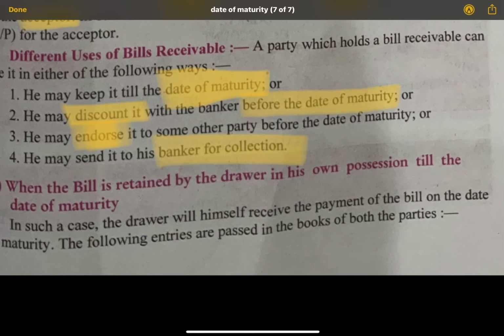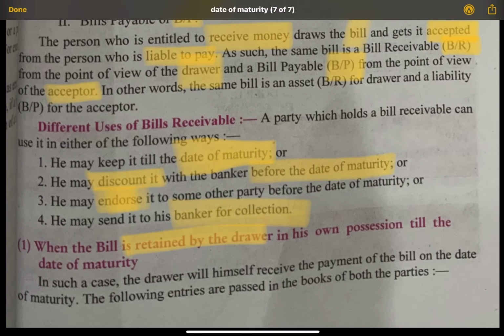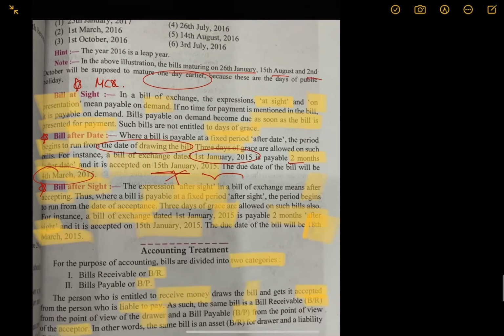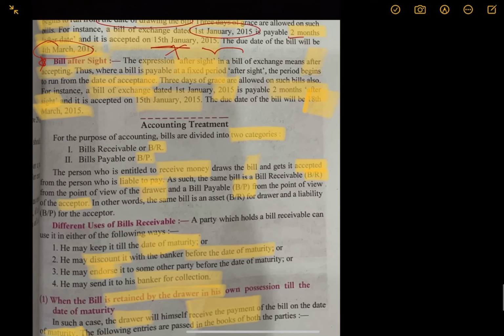So let's start with number one, when the bill is retained by the drawer in his own possession till the date of maturity. So in such a case, the drawer will himself receive the payment of bills on the date of maturity. The following entries will be passed. ध्यान से समझ रहे हैं यार, entries are really simple.